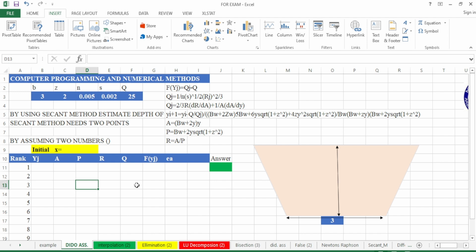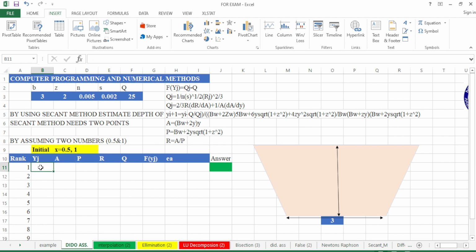To estimate the depth of a trapezoidal channel using the secant method, we have to start from trial. First, let us take the depth of the trapezoidal channel as an assumption, as 0.5 in the first one. So first you have to set what you want to estimate in this Excel like this.